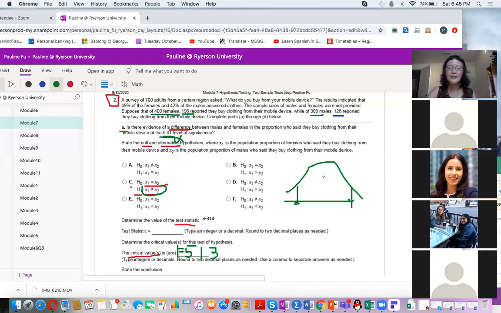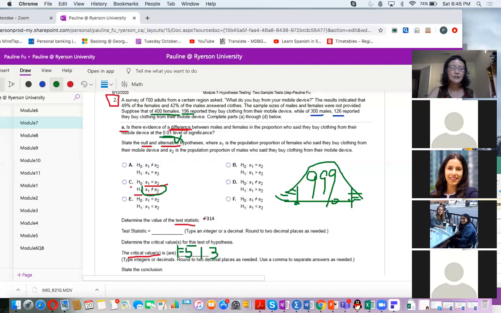So this center area is 99% because alpha is 0.01. Right, 99%. So when you select area, tail, center, area you put down 0.99. Sigma is 1, mu is 0. And then you press EXE.